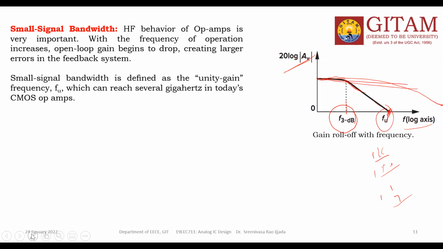If the unity gain frequency is very high, the small signal bandwidth is very high. If FU is small, the small signal bandwidth is small. From here to here is the small signal bandwidth. If you increase it like this, the bandwidth increases. Understand?